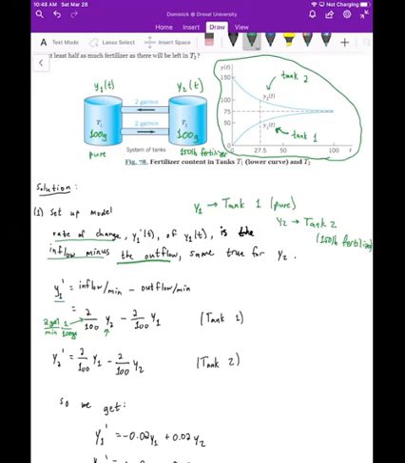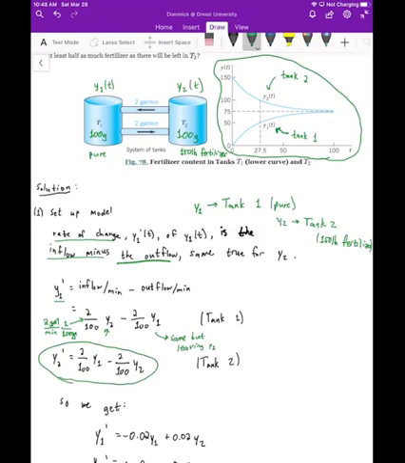If you're looking at y1, you have water coming in from y2, and at the same rate, we have water going out, leaving y1. And then, of course, y2 will just be the opposite version of that. That's where you have water coming in from tank y1, and you have water leaving from the current tank, which is y2 in this case.